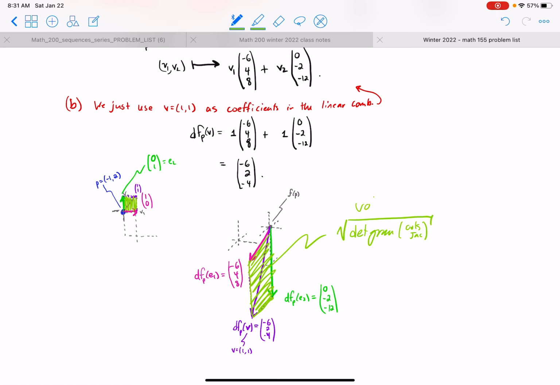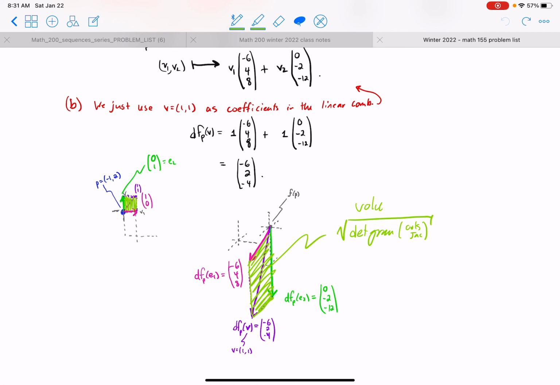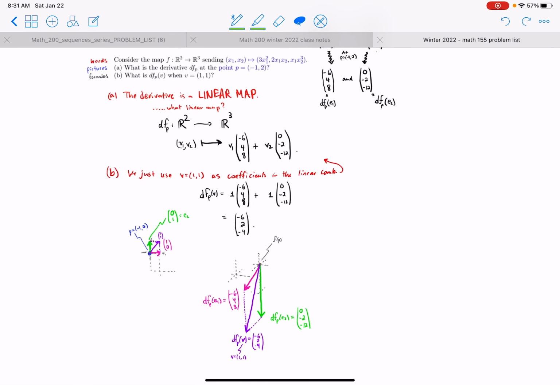That will be the volume of this parallelogram. I don't know how to spell parallelogram. So this is just a preview of the future. Let's get rid of it. Oh my gosh, so many undos. Okay, and that's our picture.